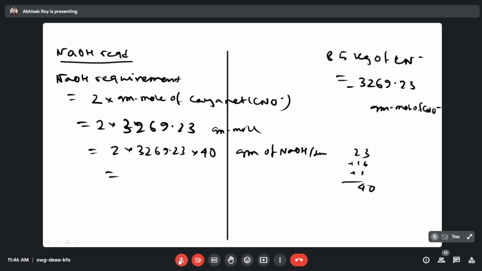So calculate how much kg of NaOH is required. Directly you can calculate from here. 261.538 kg of NaOH is required.